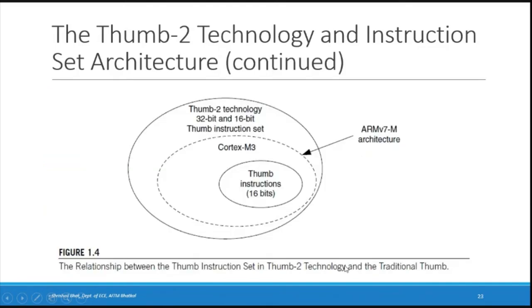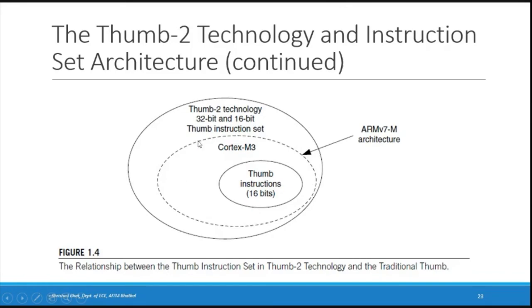So this actually shows the relationship between the Thumb instruction set, which are 16-bit, in the Thumb 2 technology and the traditional Thumb. So this is the traditional Thumb, which are 16-bit. Then there is Thumb 2 technology, which includes both 16-bit and 32-bit Thumb instructions. And one particular superset of that, one particular group of those instructions, is used by Cortex M3 processors.